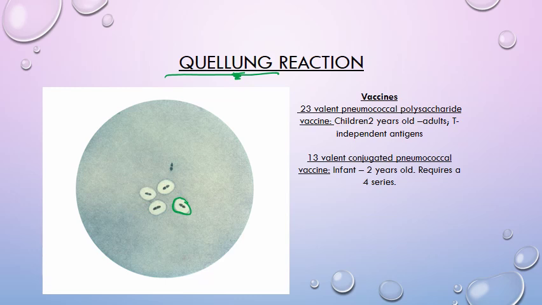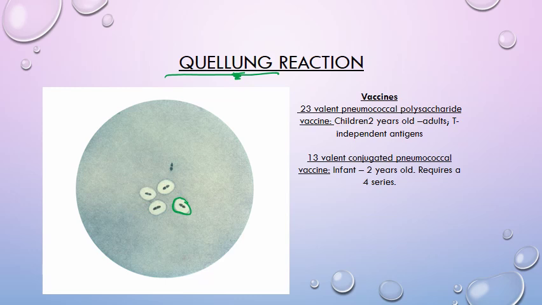So you get this swelling, almost like a water balloon. It just fills it up, and you can visualize that obviously as we're doing so here. This isn't normally done as part of diagnosis, but it is done during vaccine development so that we can track the different serotypes of strep pneumo that are regularly circulating within the community.